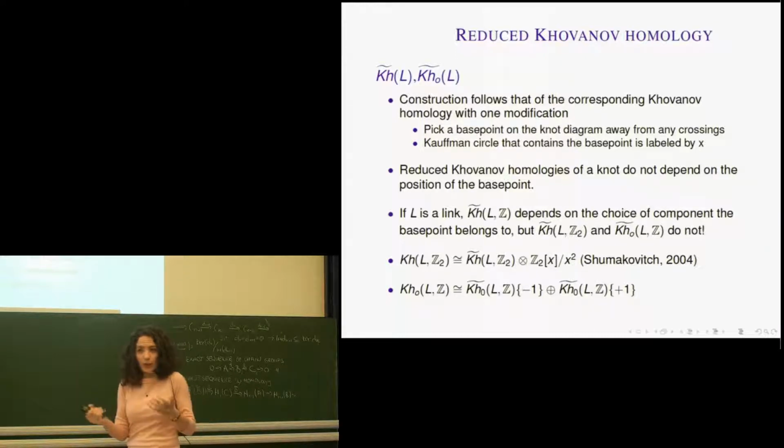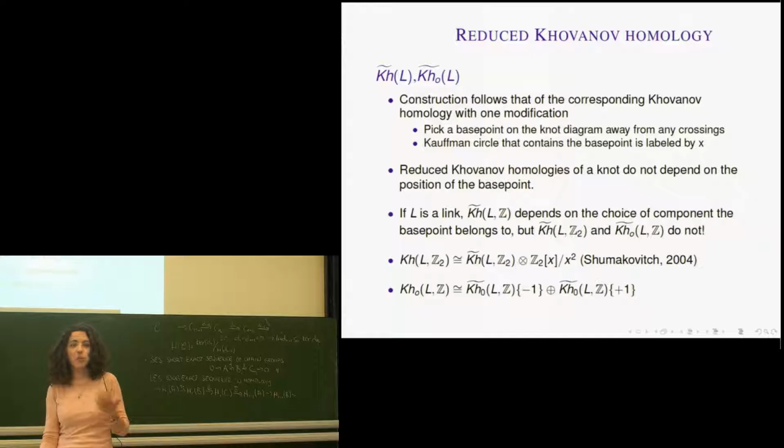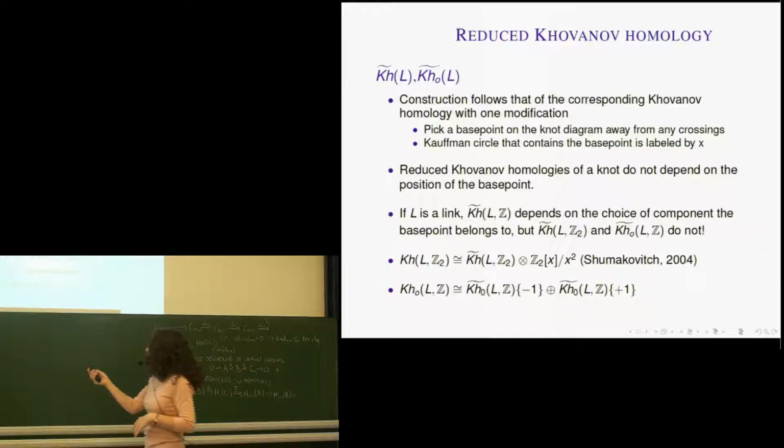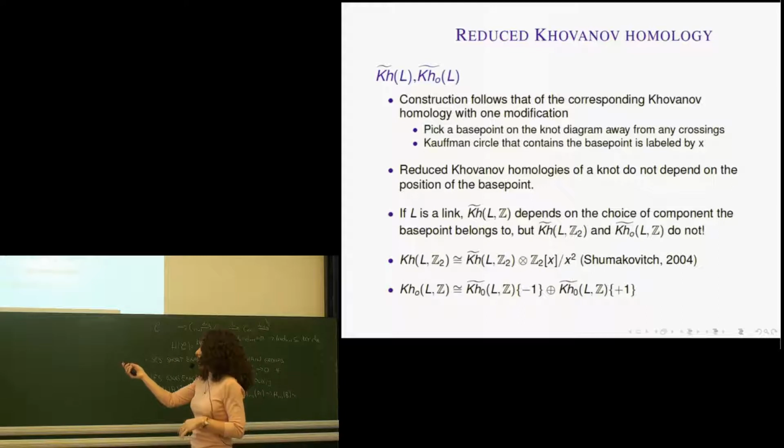But that's trivial to see, because just think of a split link. Here's a trefoil and here's a figure 8. If you pick a base point on the figure 8, and you label that one only with X, it's going to be different than if you pick a base point on the trefoil. So again, maybe this theory works better for knots than links.